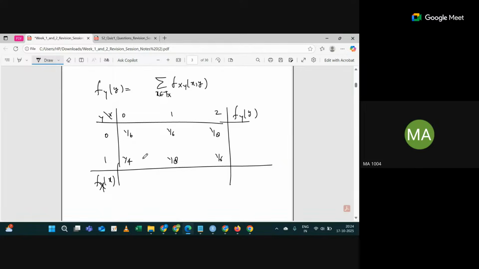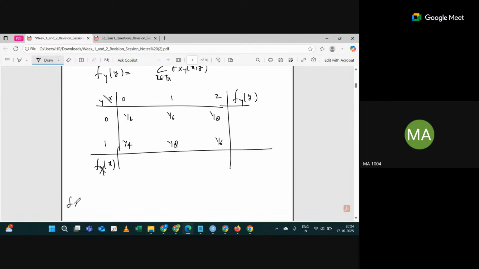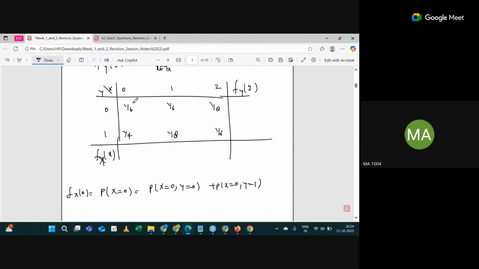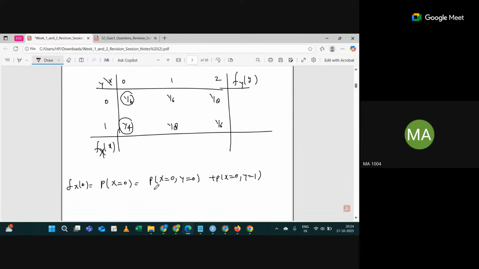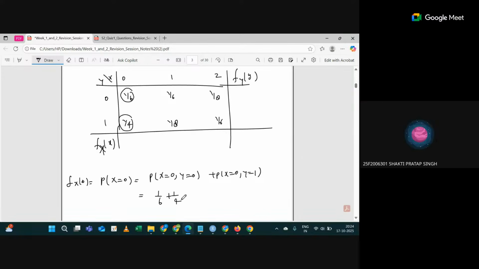For example, if I need fx of 0, this means probability x equal to 0. This happens when x is 0 and y is 0, or x is 0 and y is 1. So you have to add 1 by 6 plus 1 by 4. Am I right?